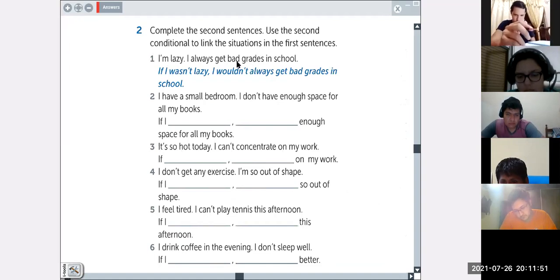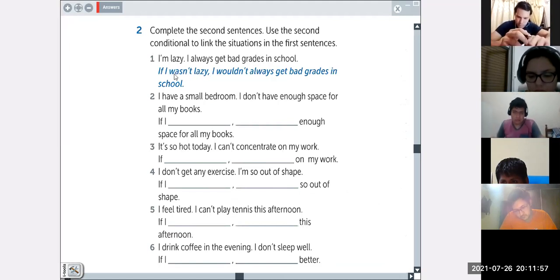I always get bad grades in school. If I wasn't lazy, aquí como pueden ver, ocupan I wasn't. Así que pueden ocupar cualquiera, pero generalmente van a ver weren't. If I wasn't lazy, I wouldn't always get bad grades in school. So you have to do exactly the same with the other sentences, okay?